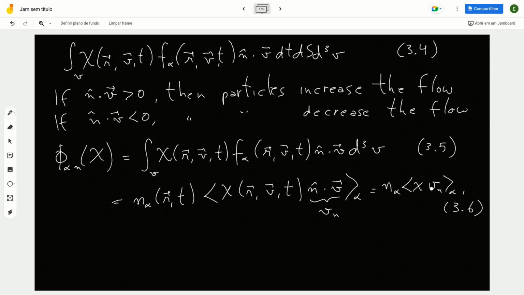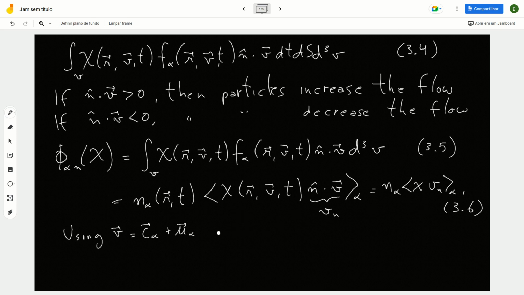Now, let's just substitute V by using V equal to C alpha plus U alpha. I have defined this previously.